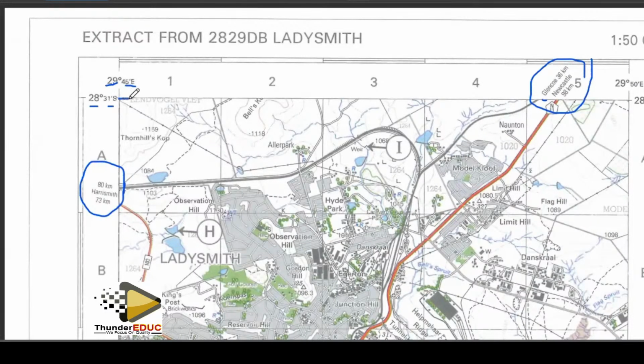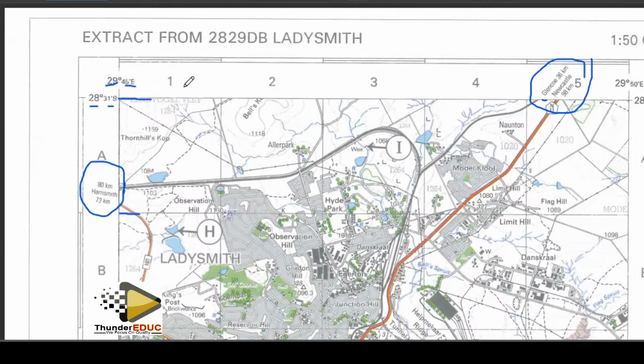So the next line of latitude is going to be 32 minutes to the south, which comes here at the end of the block. And the next line is going to be 28 degrees, 33 minutes to the south. Our values are increasing going to the south.